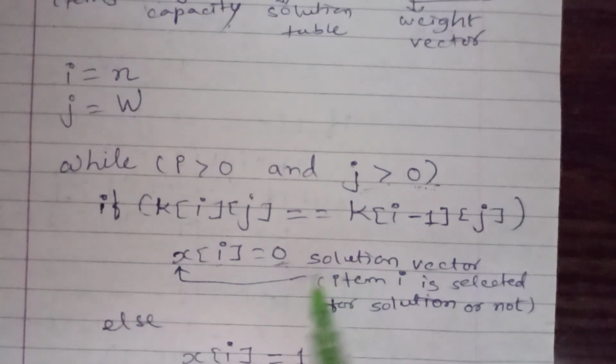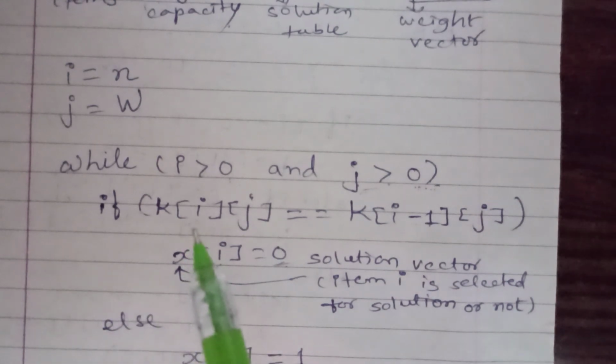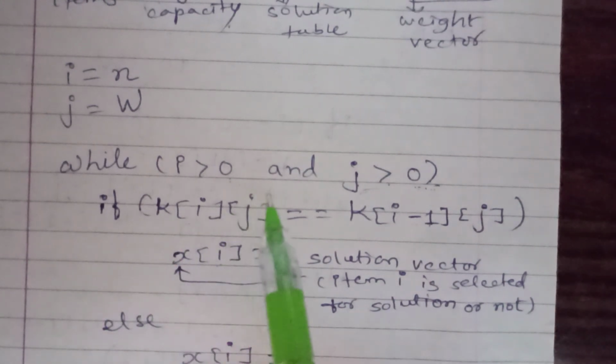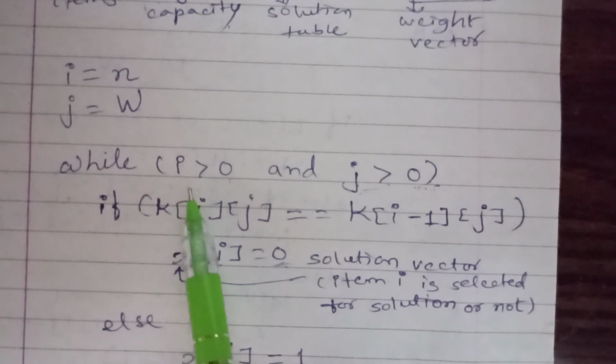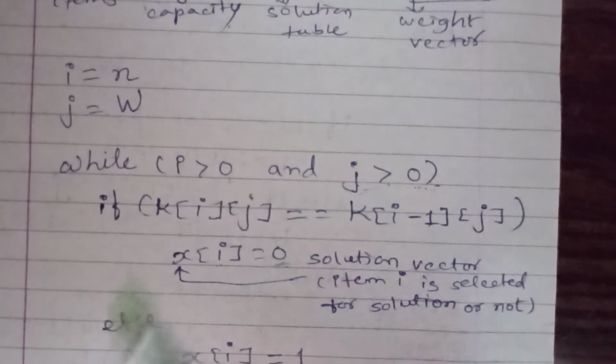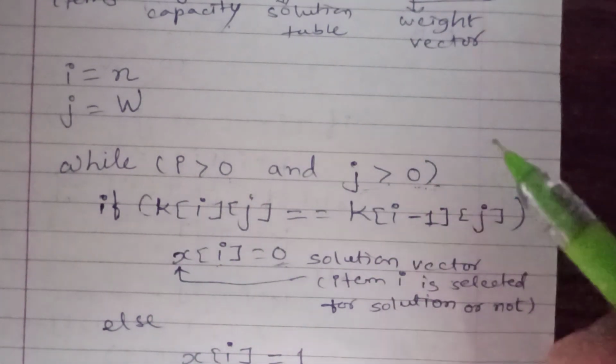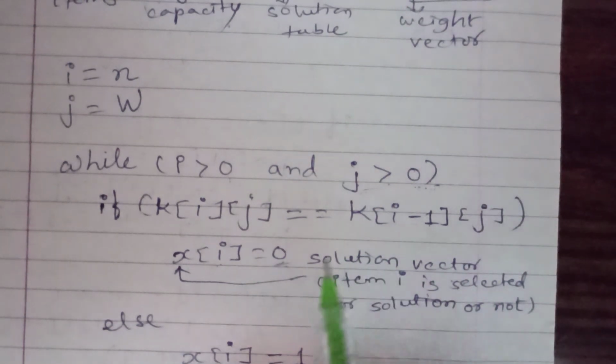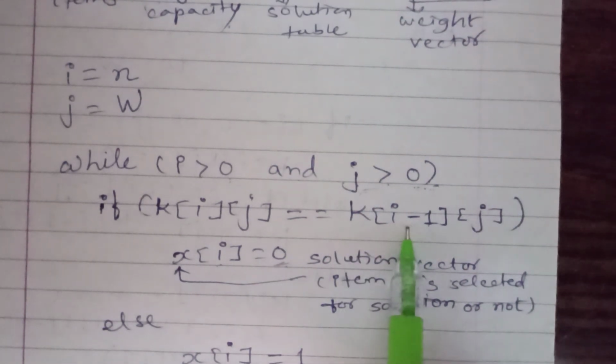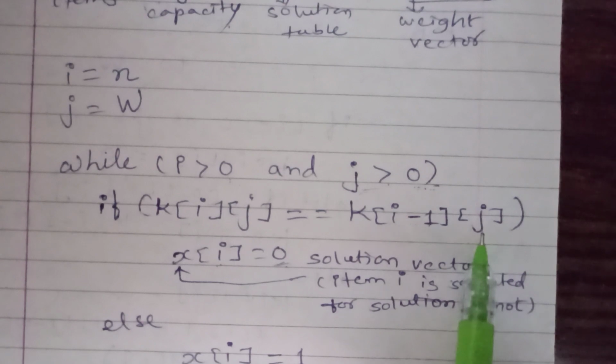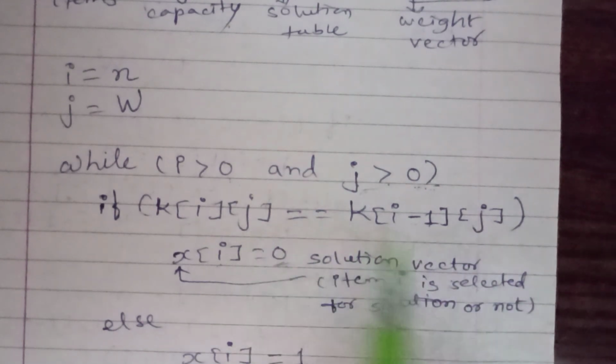That means the last row, which is the current object, current item. In that case we have to check the previous row, same column value. So we check K of I minus 1, J. Right now we are in the jth column.